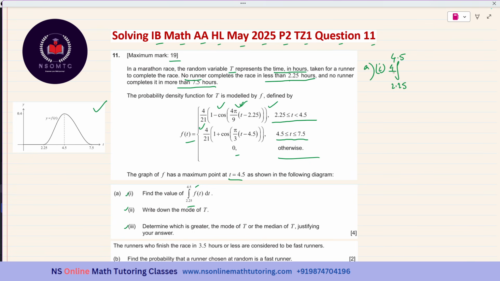So it is 4 over 21 and 1 minus cos(4π/9 times (t minus 2.25)) dt.